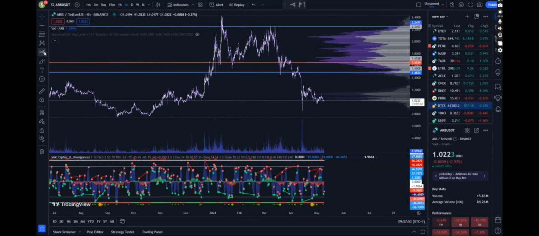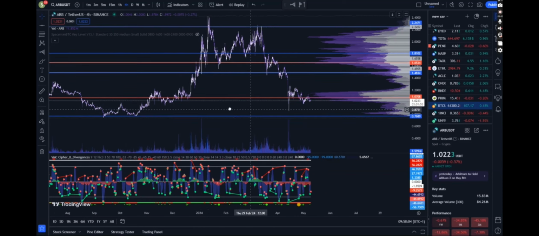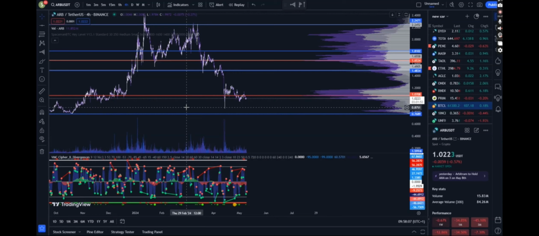But if we get that, this is why I like to put the volume profile from up top and one down here, because it gives you the value areas of where it's been previously.